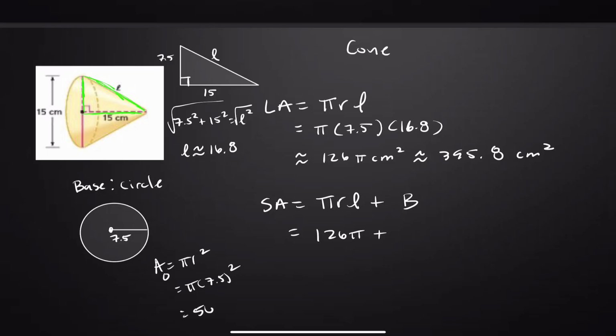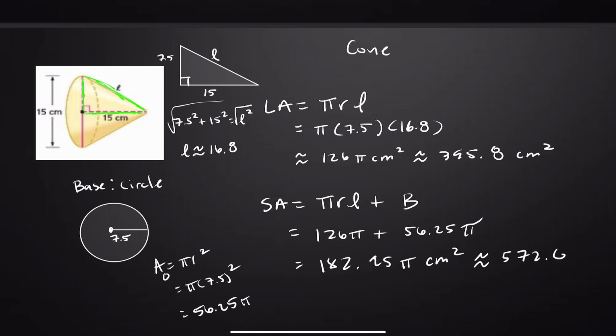You get 56.25 pi. Okay, so 56.25 pi. And you're combining like terms here, so it's going to be 182.25 pi square centimeters, which is approximately, if you're going to multiply that by pi, 572.6 centimeters squared.